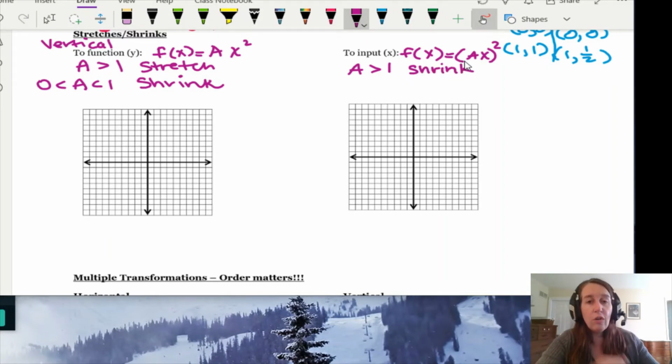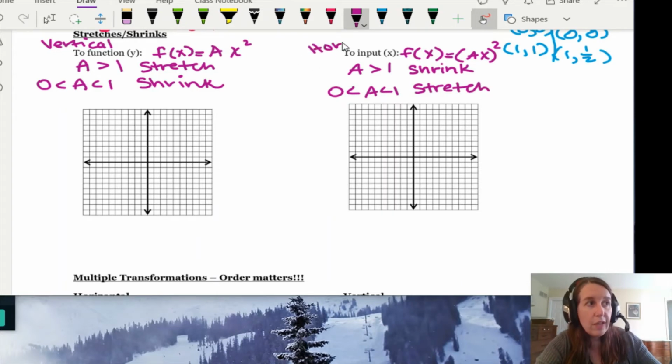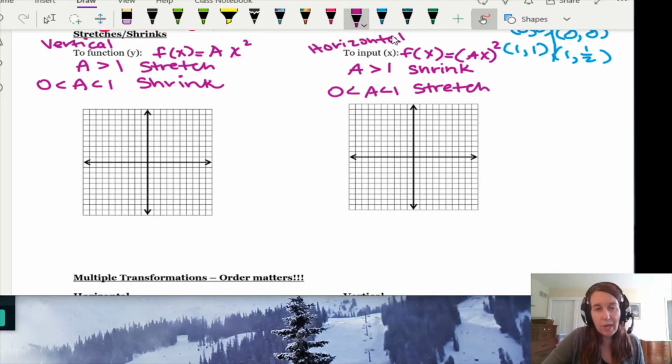The function horizontally is going to shrink. And if a is between 0 and 1, then that is where we're going to get a stretch. And again, this is the horizontal side of things. What you're going to find with horizontal is it's always kind of the opposite of what you expect. I always think of it as like solving for x, so you have to undo what happens to x.